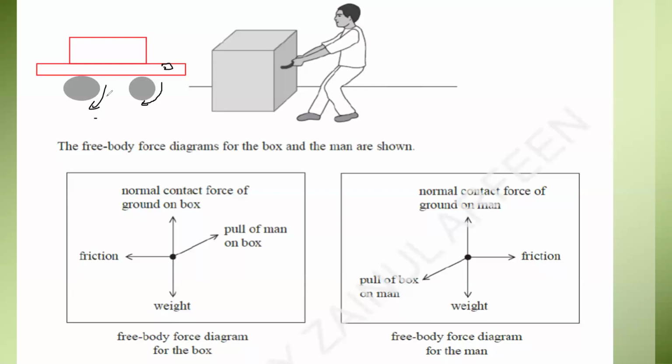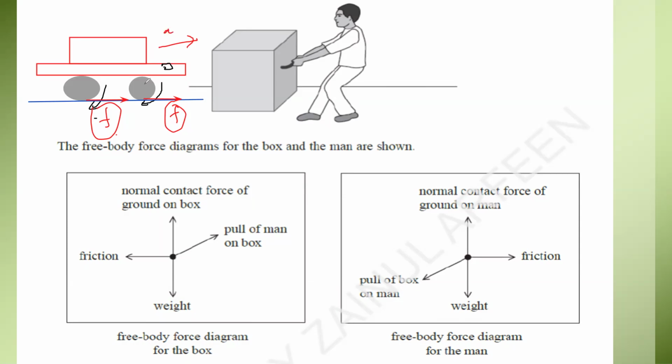There will be a friction between the track and the tires. The friction tries to oppose the motion, so its direction will be in this way. The greater the friction between the track and the tire, the better the grip, and greater friction means a greater forward force, so the car will accelerate forward.